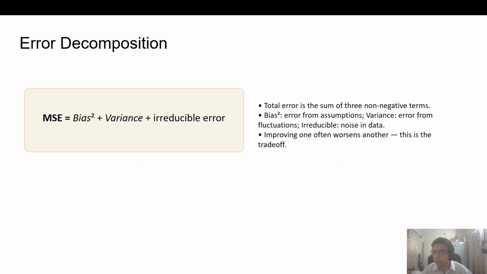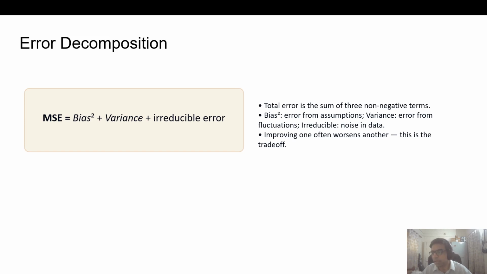So now we can move to error decomposition. So starting first with the formula itself, we can formalize total prediction error as mean squared error equals bias squared plus variance plus irreducible error. So this irreducible error represents inherent noise we cannot eliminate.